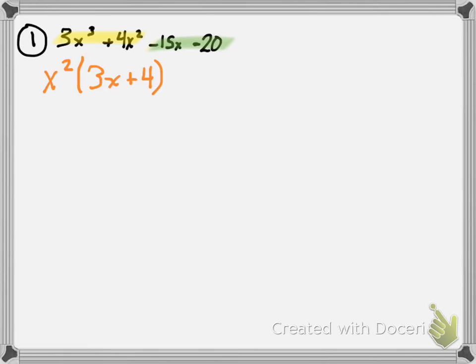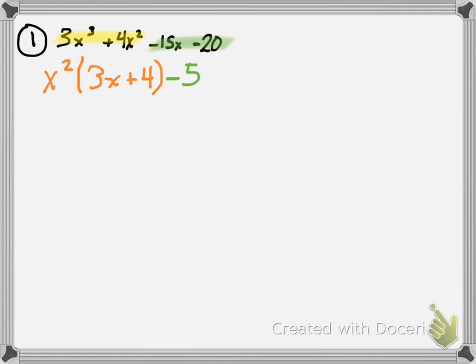Now let's look at our second set. In our second set, we have to look and see what's in common. Well, there's a negative sign to start off with. That means you automatically have to factor out a negative. So now let's look and see what number they share between the two of them. Well, a 5 will divide into both, and that's the largest number that can divide into both, so a 5.